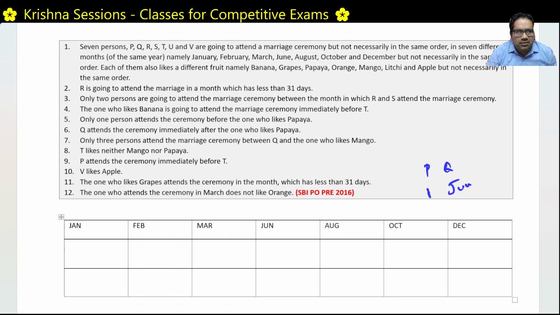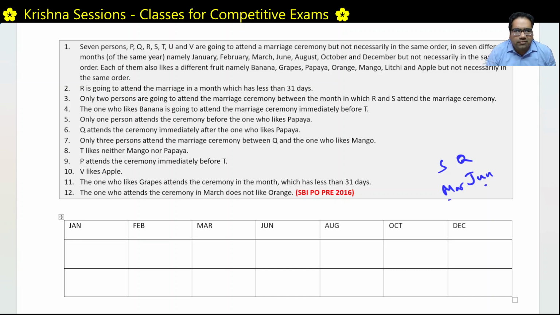Then this becomes very easy for us depicting like this. On the other hand, instead of P went before Q, let's say S went before Q. S is in June, and then this becomes March. Right. This is easy depicting.